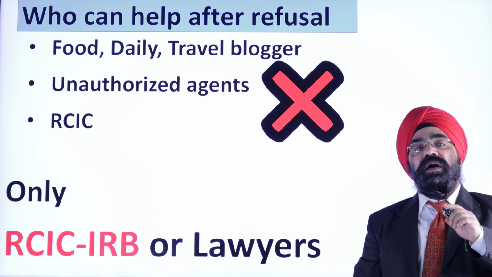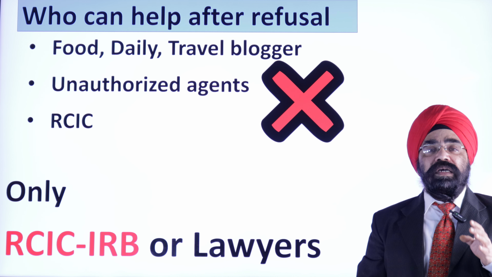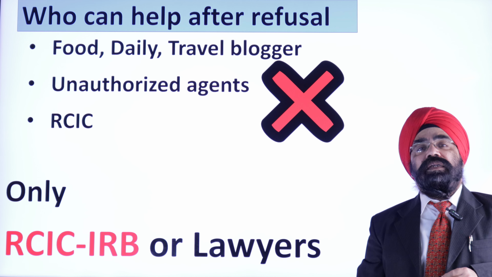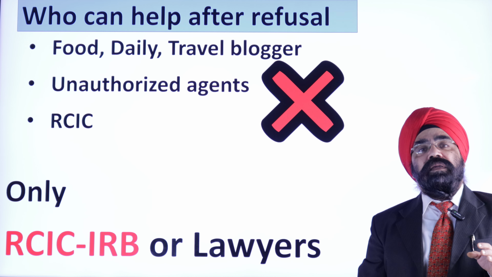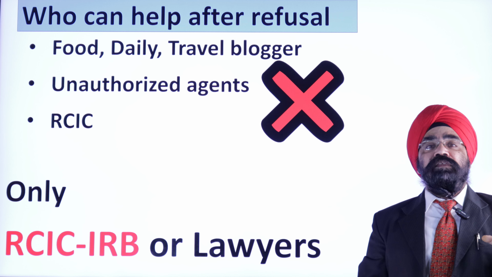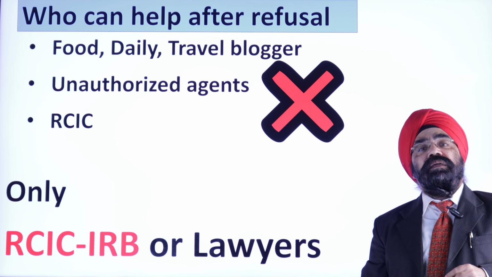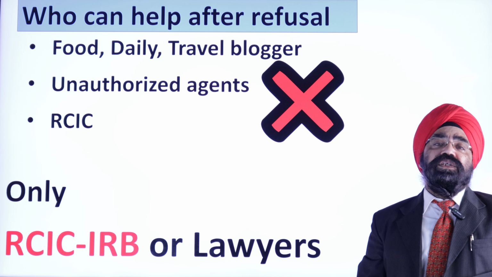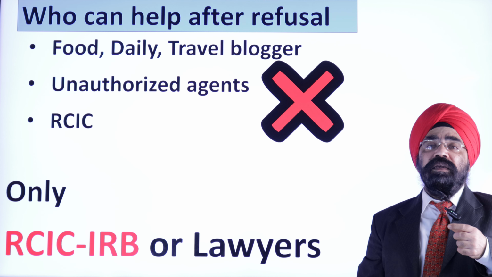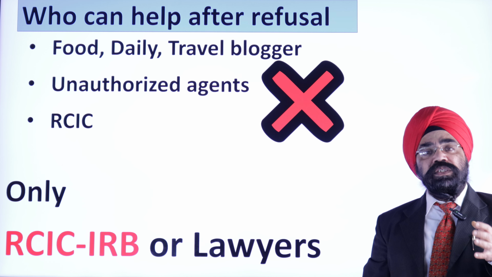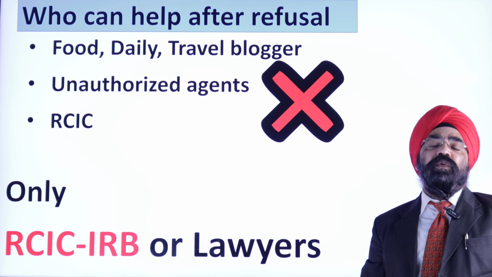Only those people or the lawyers are allowed to appeal for you. Otherwise, nobody can do that. Simple. So before even jumping in, please check the designation of the person. You are asking him to do something, and he is not even authorized to do that. So please check the designation, then go forward with it.